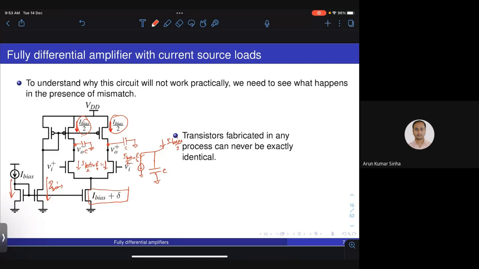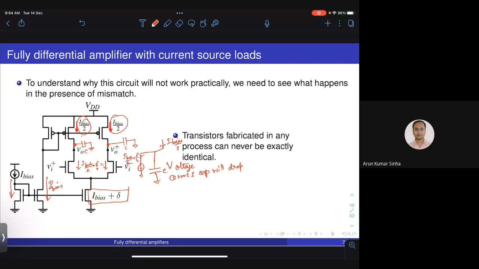So I have a situation in which the output capacitance of this amplifier is being injected with current I bias by 2, but what we are taking out is I bias by 2 plus delta by 2, which means the voltage across this capacitor will keep dropping. At what slope will it drop?